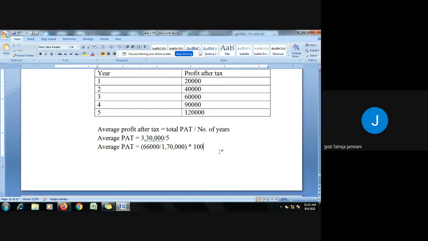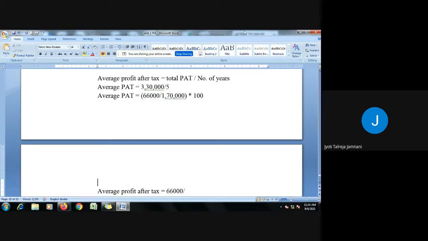So 66,000 divided by 1,70,000 into 100 gives 38.82%. Sorry, here it's not average profit after tax, it is accounting rate of return.